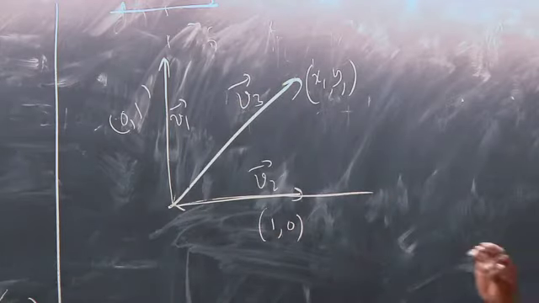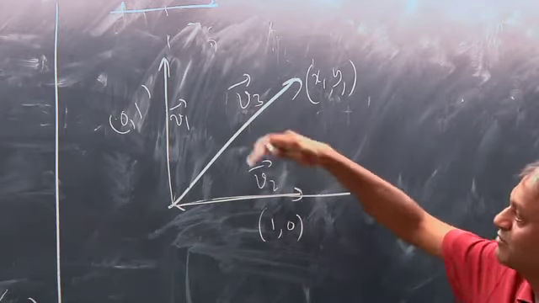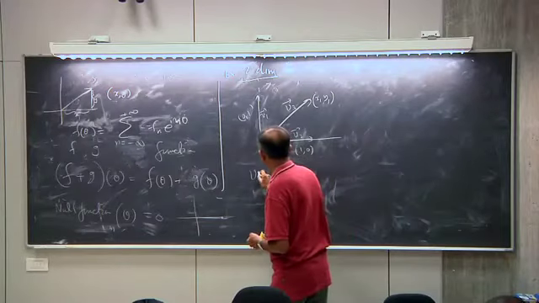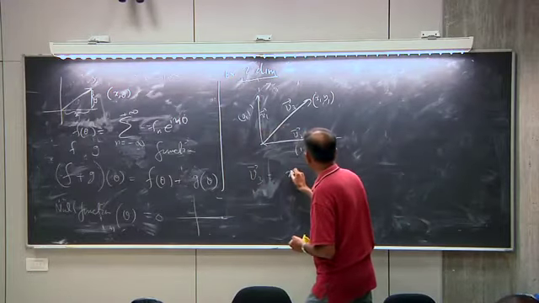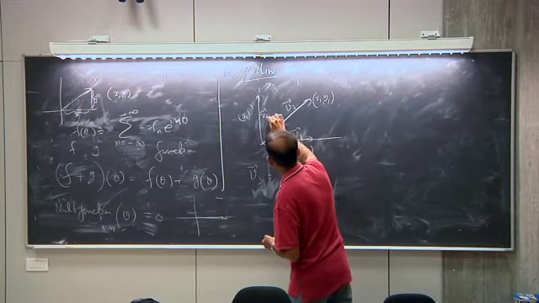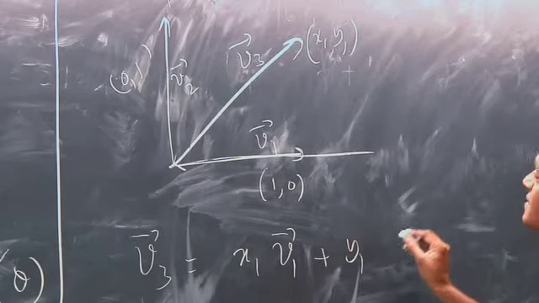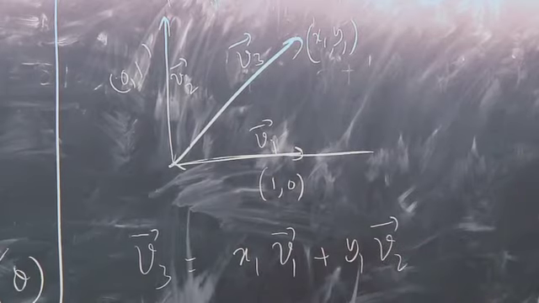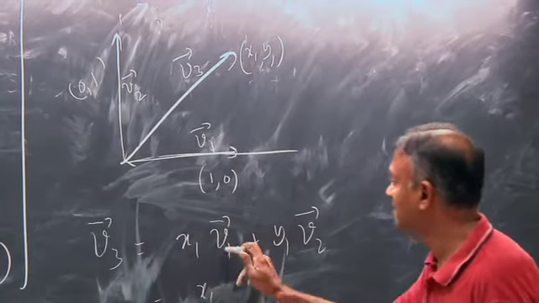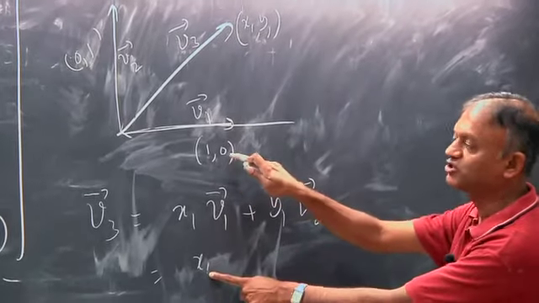What I'm trying to say is that they are not linearly independent, in the sense that I can express v3 as a linear combination of the other 2 vectors. In fact, you can see immediately that v3 is nothing else but x1 times v1 plus y1 times v2. Because this is x1 multiplied with (1, 0), and the multiplication rule was multiplying each component.